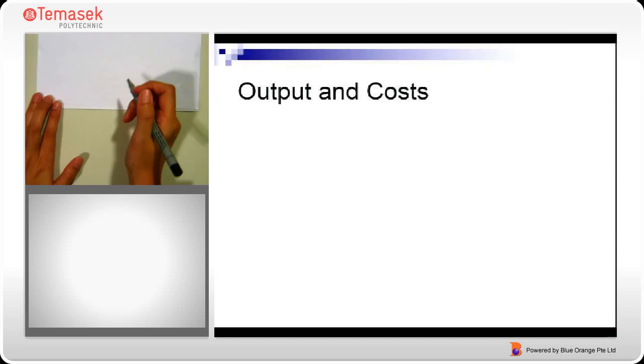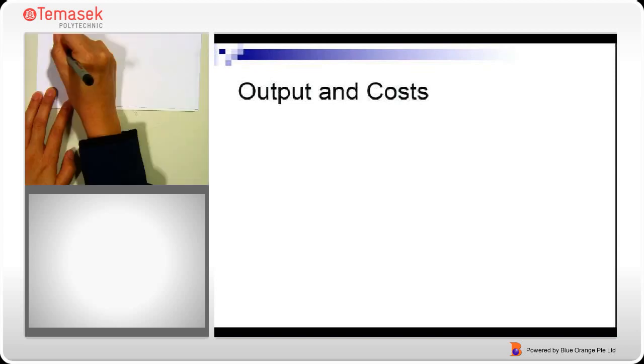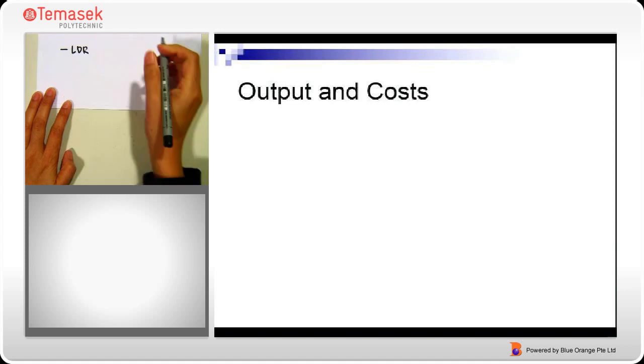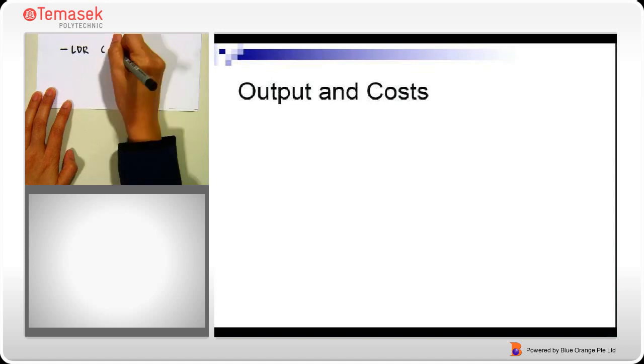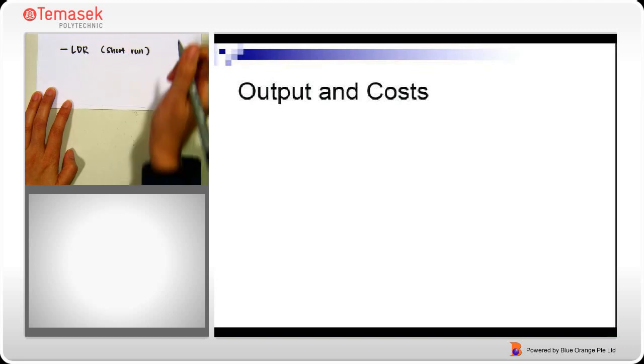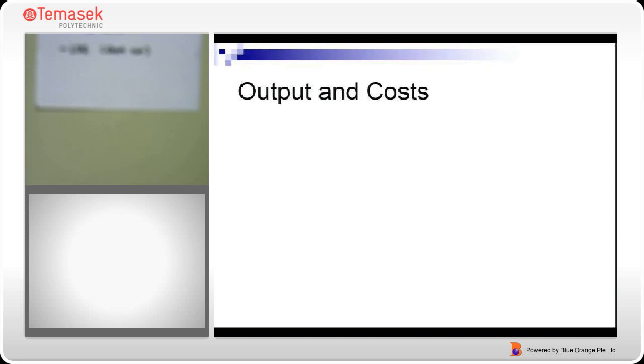Under this topic, we covered the law of diminishing returns. And this law is only applicable in the short run, meaning whenever there is a fixed factor present. Short run is defined as the time period when there is at least one fixed factor.